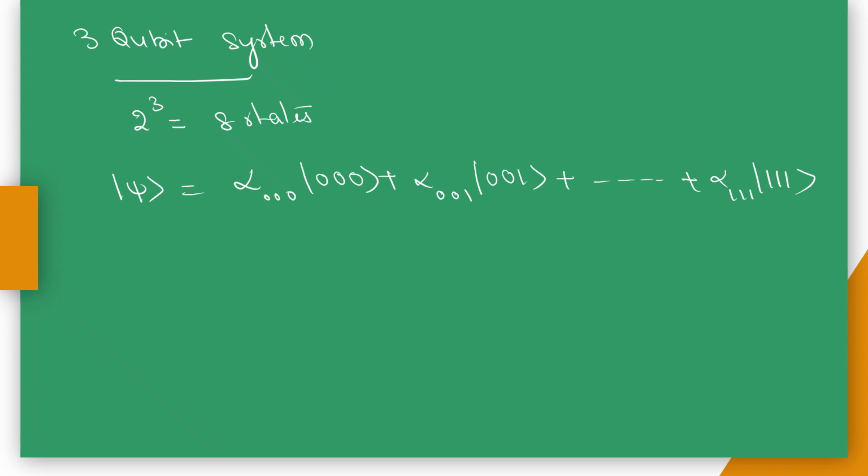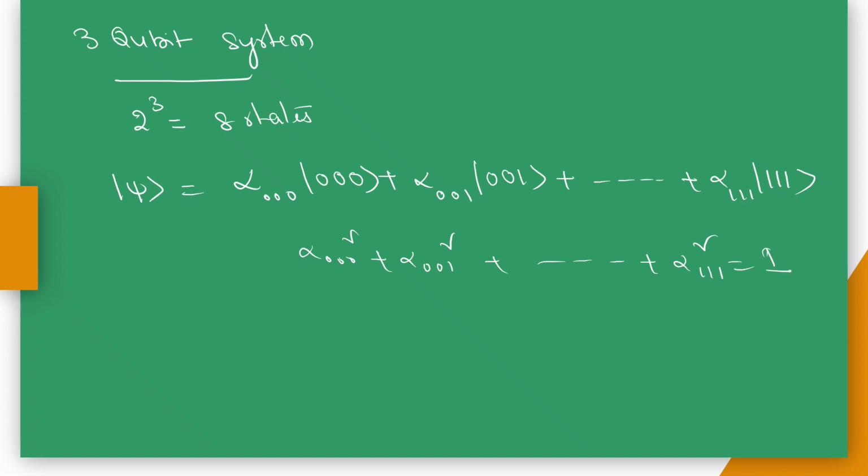All these parameters are complex quantities, and they also follow the normalization condition: alpha 000 square plus alpha 001 square plus so on up to alpha 111 square equals 1.